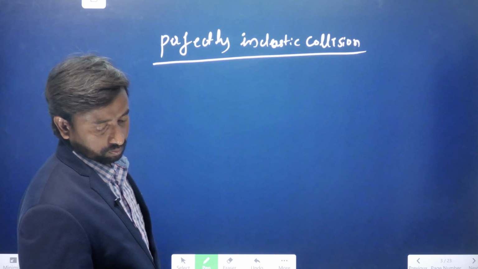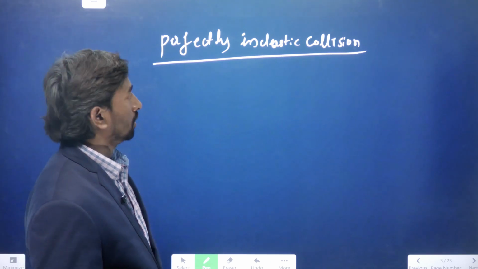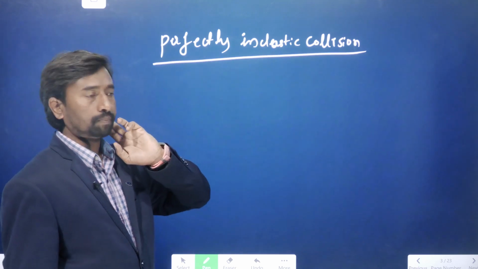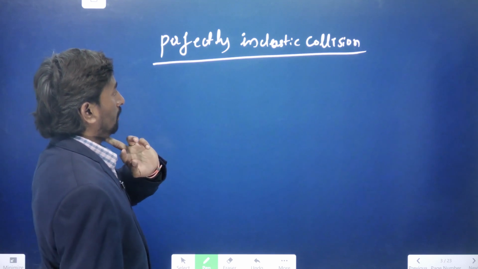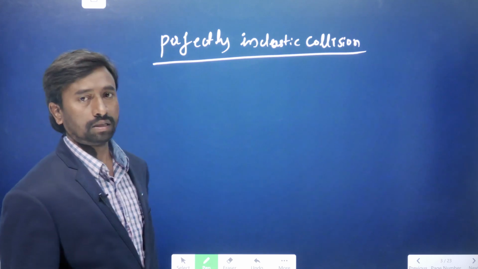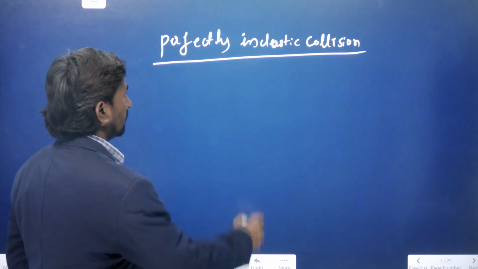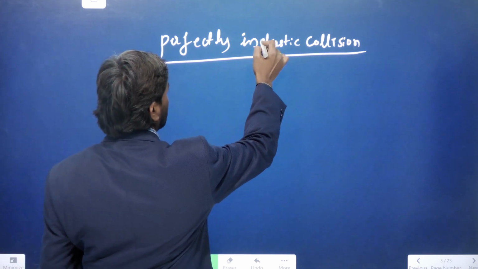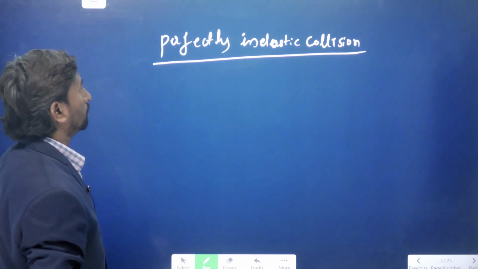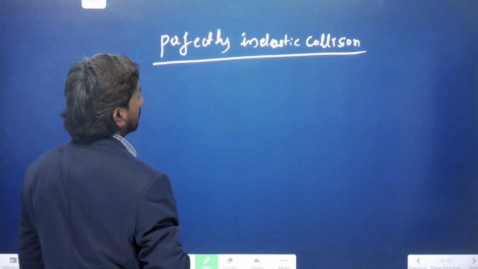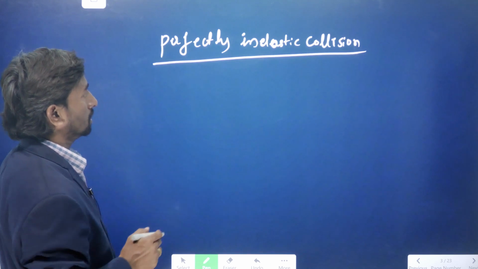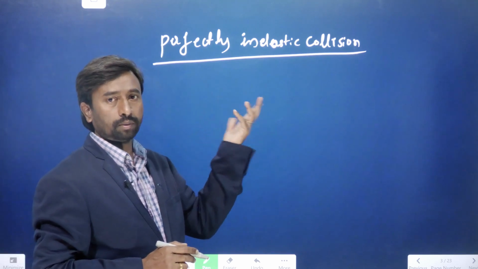In an inelastic collision, linear momentum will be constant and kinetic energy will not be constant. So perfectly inelastic collision means their linear momentum will be conserved, but after the collision the two bodies stick together and move with a common velocity.